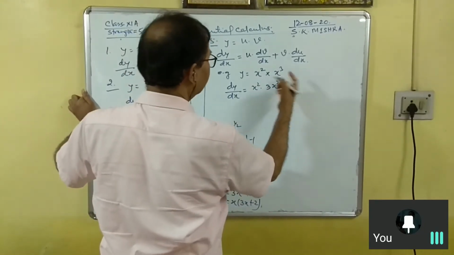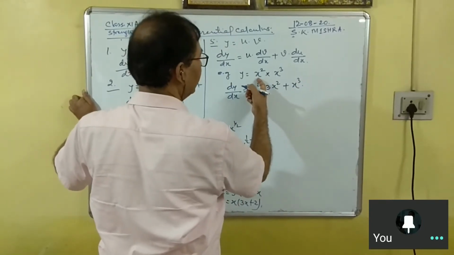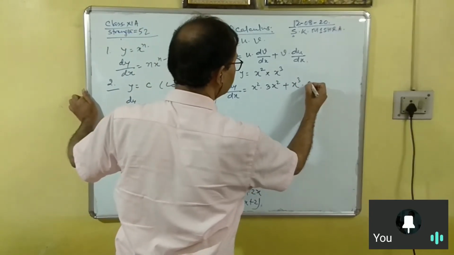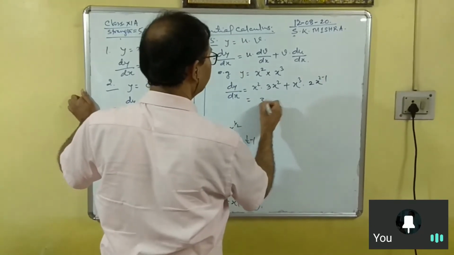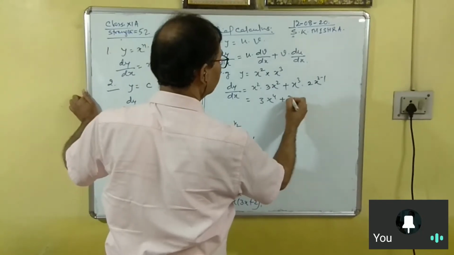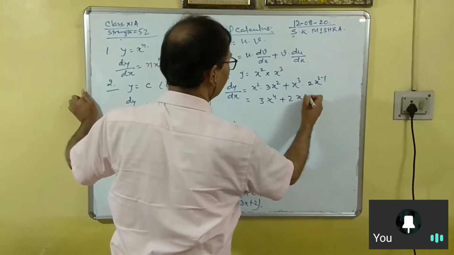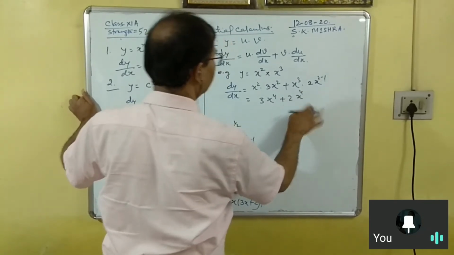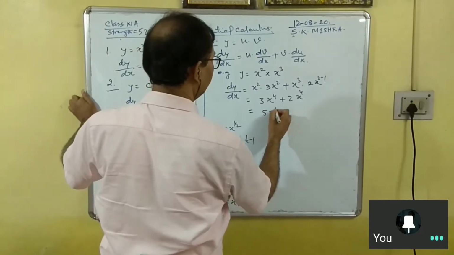Then write the second function first and differentiate the first function, x square, whose differentiation is 2x raised to 2 minus 1. So this is 3x raised to 4 plus 2x raised to cube times x, so this is x raised to 4 only. This is totally 5x raised to 4.